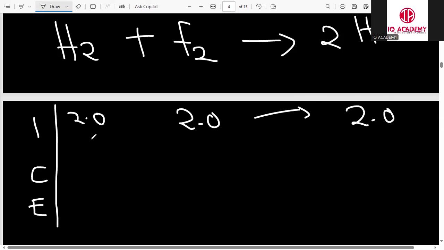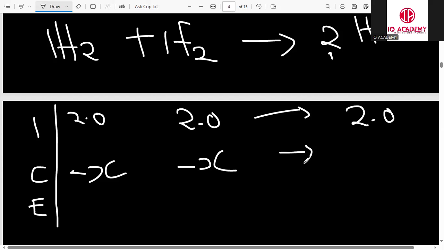All right, and then what is the change? So the change depends on whether it's a product or a reactant. If it's a reactant, you get minus x times the coefficient that you have in front. The coefficient here is 1, here is 1, and here is 2. Because these two are reactants, their concentration is reducing, so it reduces by minus x.